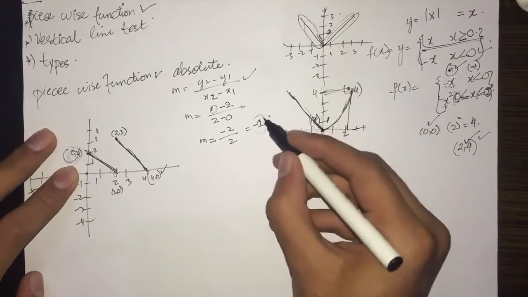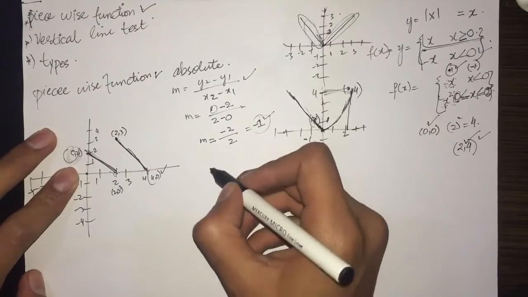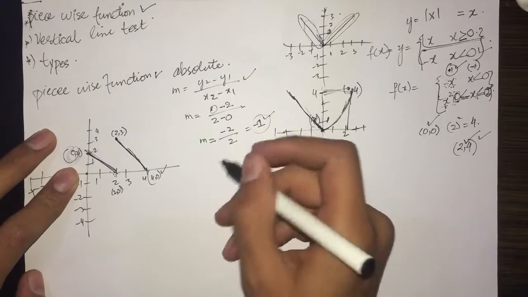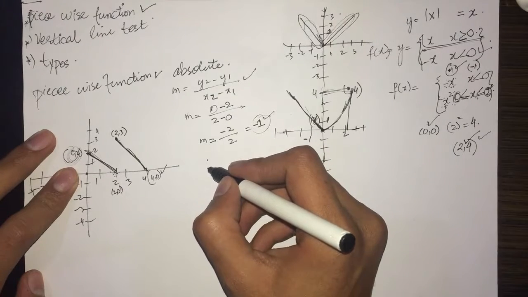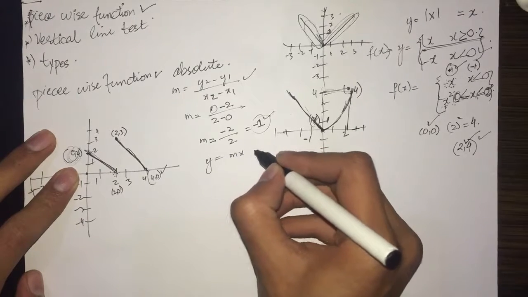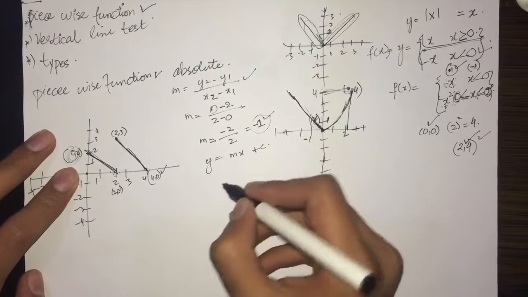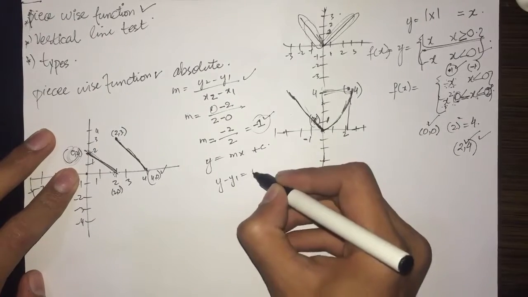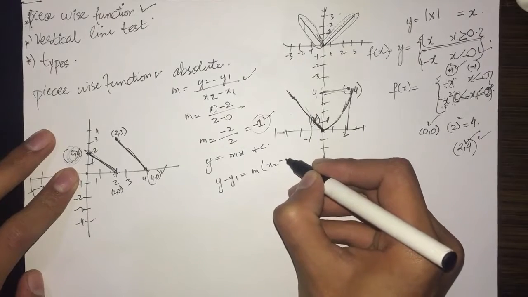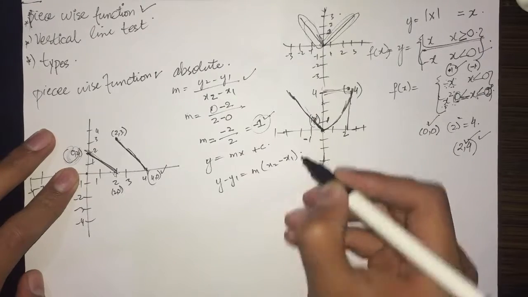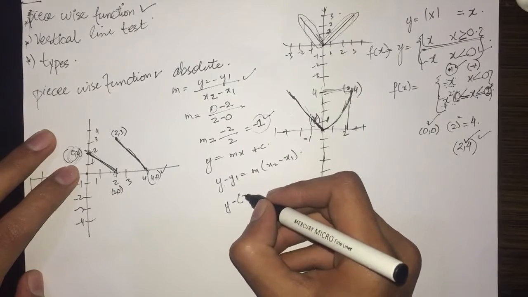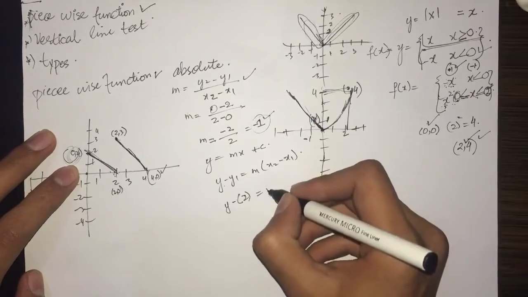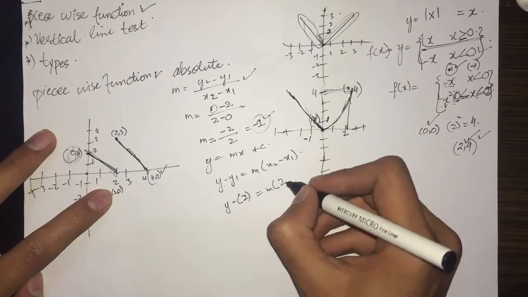Let's put the slope and the points in point slope form, or the equation of the line. So y equals mx plus c, or you can do it this way: y minus y1 equals m times x2 minus x1. So y minus 2 equals m times x2 minus 0, where x2 is 2.